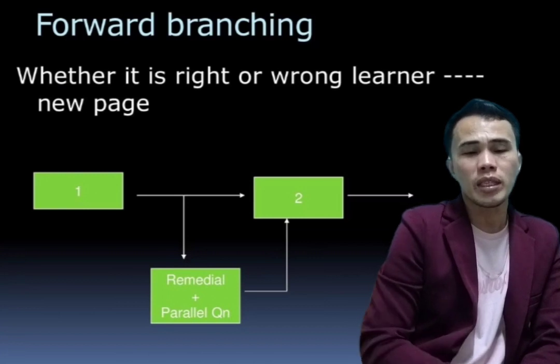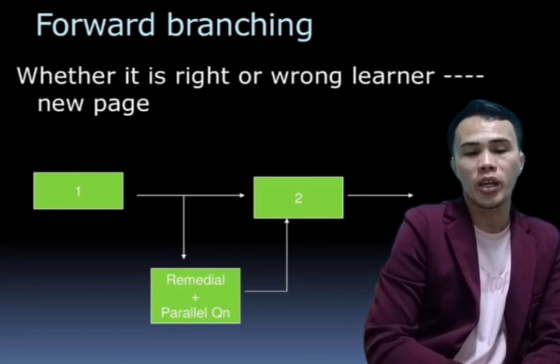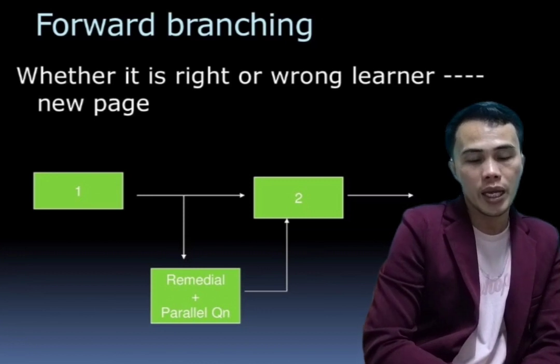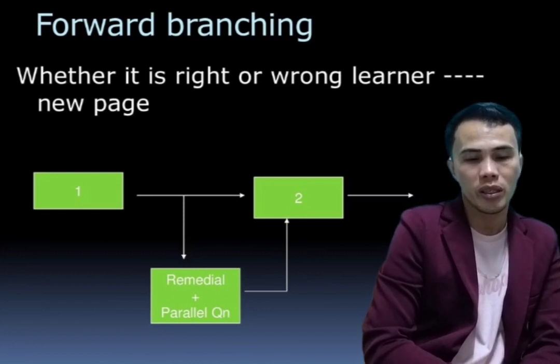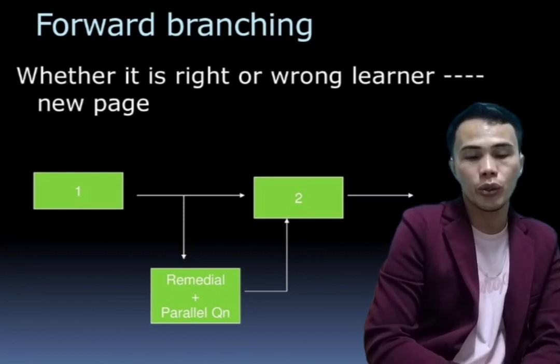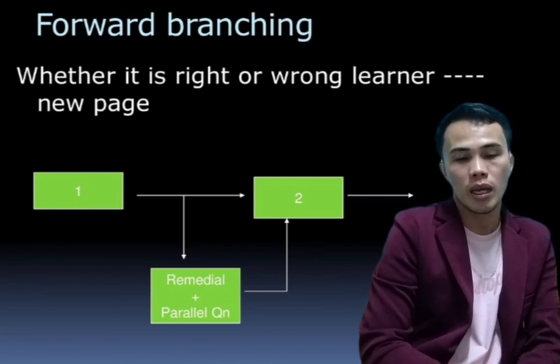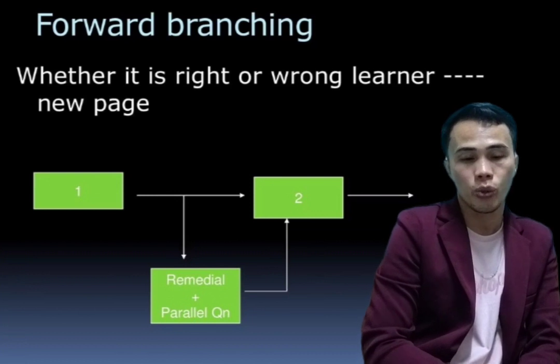If we're going to discuss forward branching, whether the learner is right or wrong, we have the new page. So number 1, then branching to the remedial, parallel to the question, and to 2, which is the chain 2.